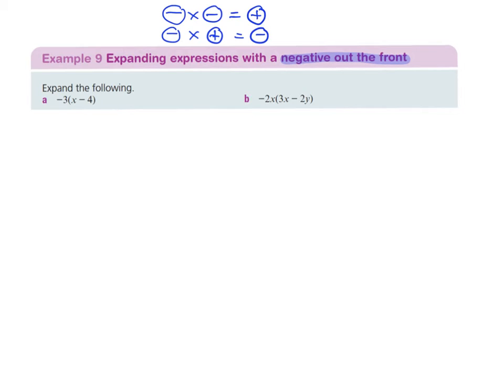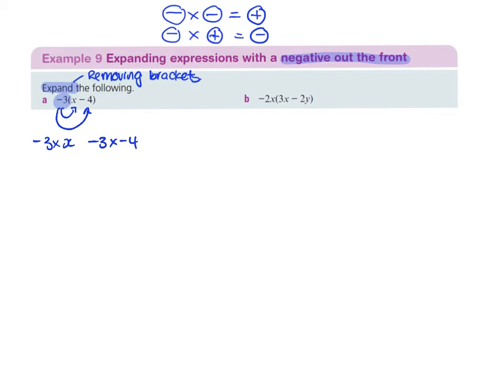So remember now, when we're asked to expand, that just means we are removing the brackets. And we do that by multiplying everything on the outside. So this negative 3 is going to get multiplied with the x and also with the 4. So I've got negative 3 times x, and then I'm also going to do negative 3 times negative 4.